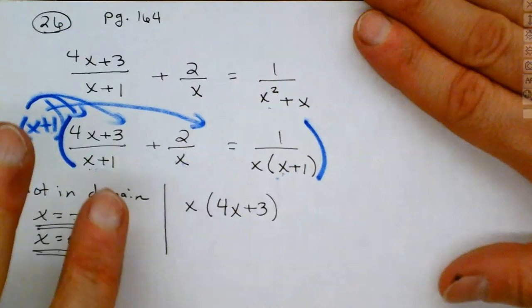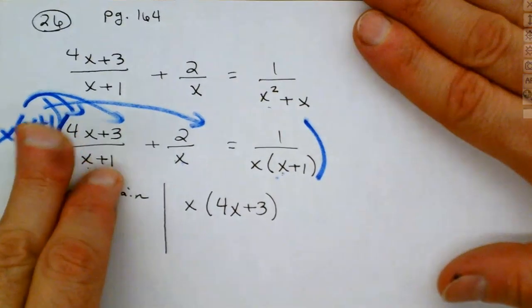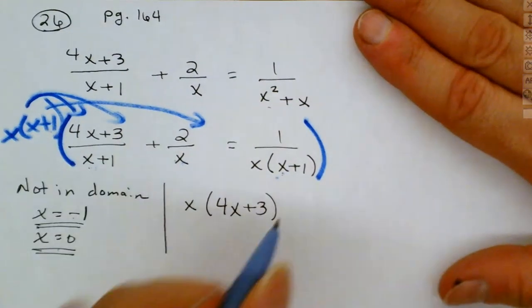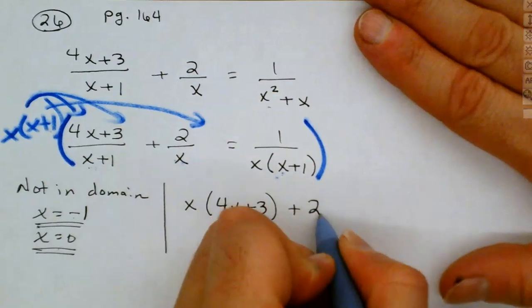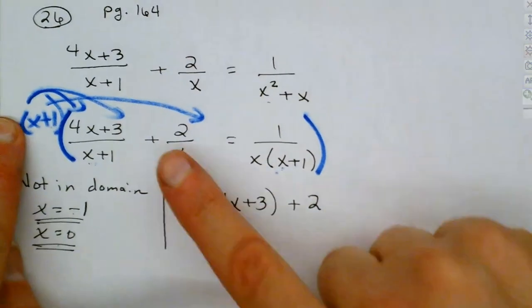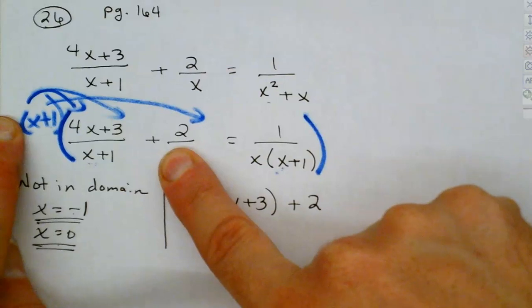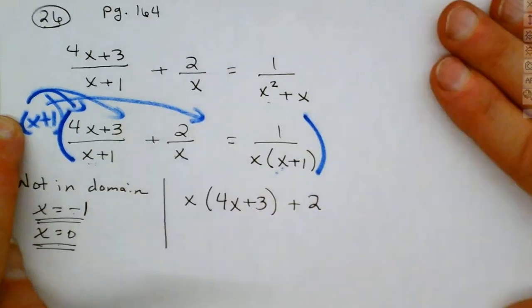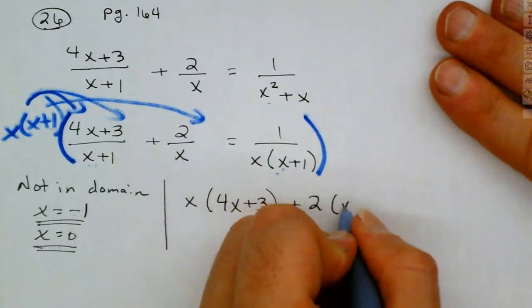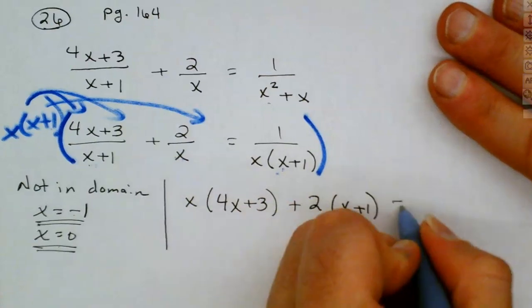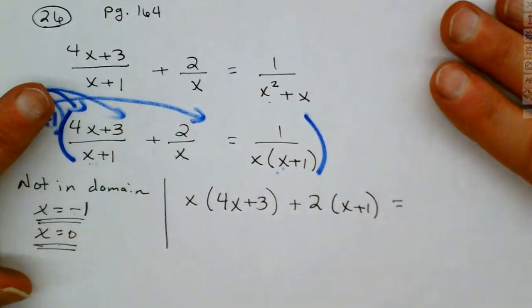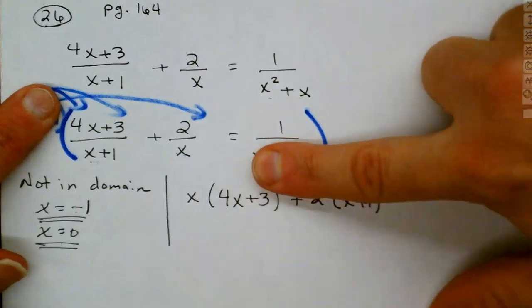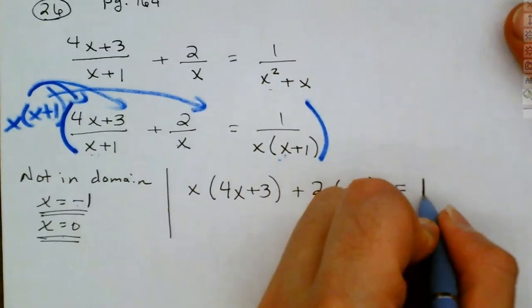Because those cancel. And that left you with that. What about the next one? We have a 2 out in front. And what canceled? The x's. So we have a 2, and what do we multiply it by? x plus 1. And then on the right-hand side, all of it does what? Cancels, so it leaves you with a 1.